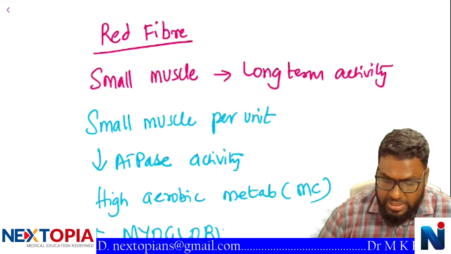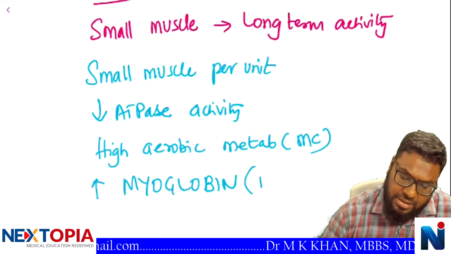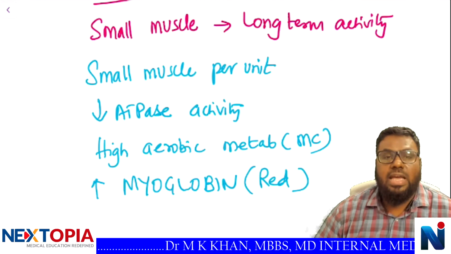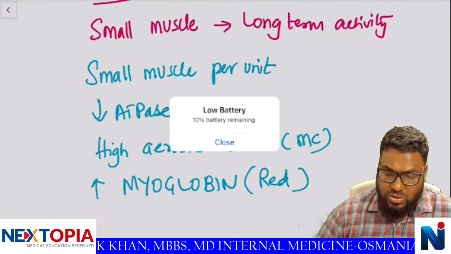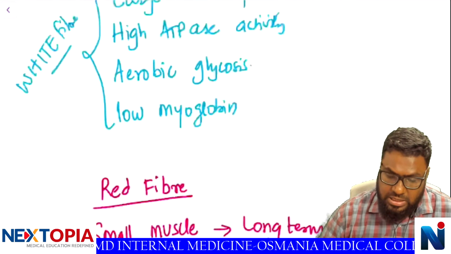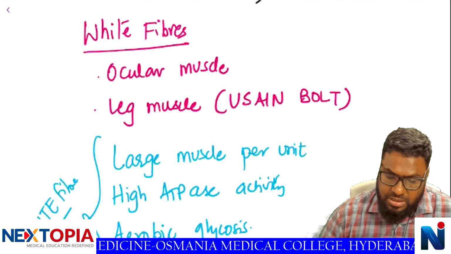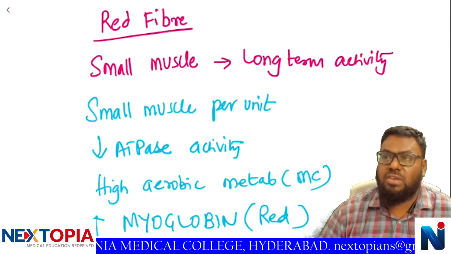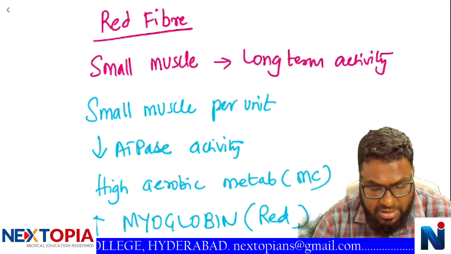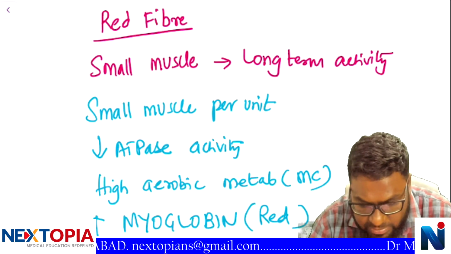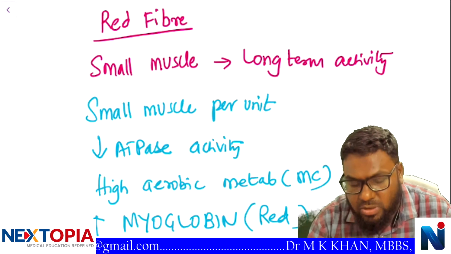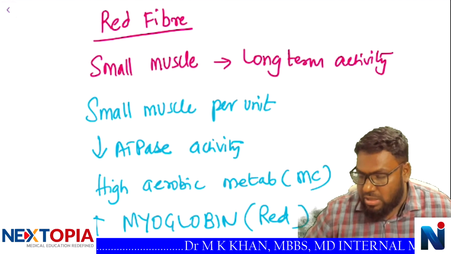This myoglobin protein gives the red color, hence we call them red fibers. So these are the differences between the large fibers, the white fibers, and the small fibers, the red fibers. Low myoglobin and high myoglobin make them white and red.